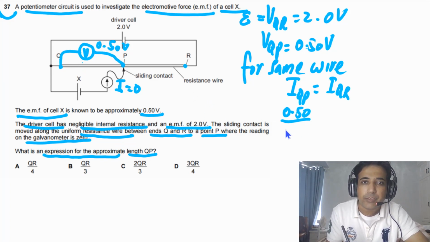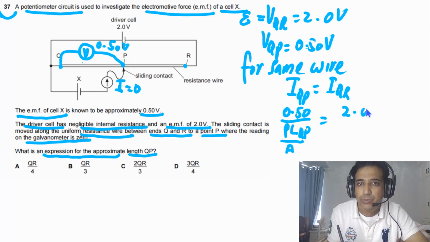The resistance is rho L, where L is LQP, divided by A. Here we will have 2.0 divided by the resistance, which is the resistivity times length QR divided by A.